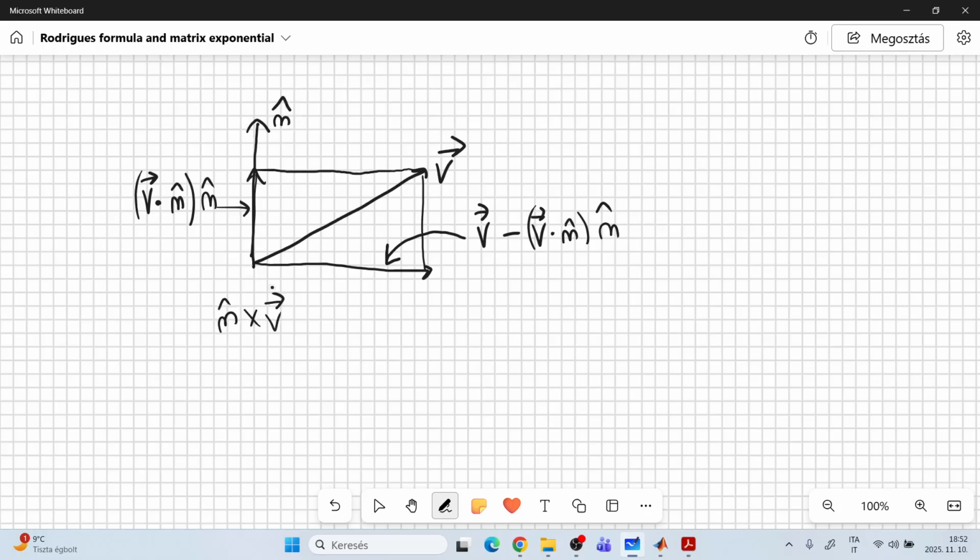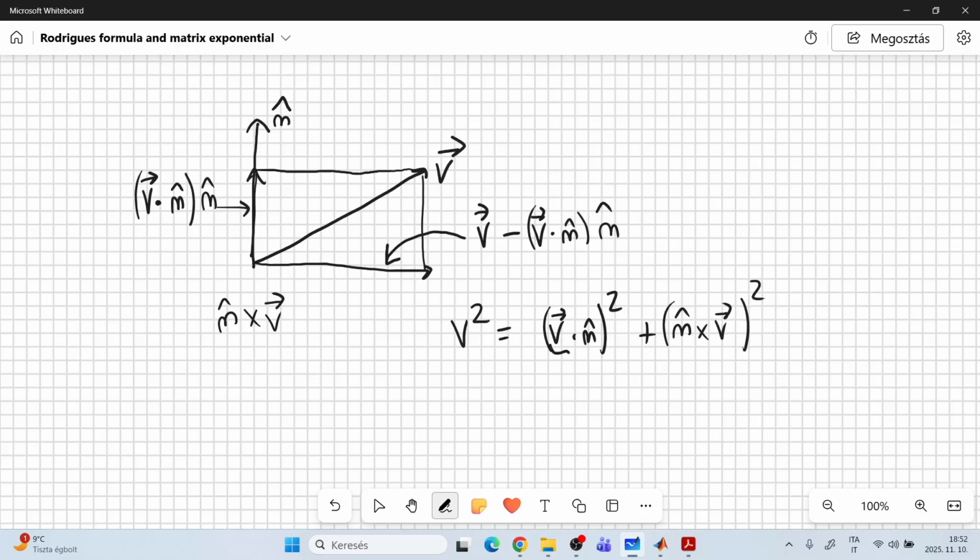And another way to construct a component that's perpendicular to n, for example, is by taking the cross product between the two vectors n and v. By doing this, you get something that's perpendicular to n due to the properties of the cross product. For example, the mod squared of v can be written as the square of the component along n plus the component perpendicular to n.